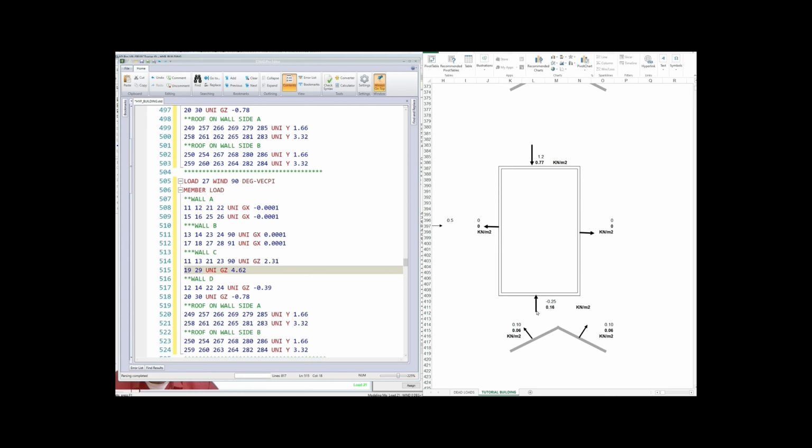And on wall D it is in negative z direction. So 0.16 into 3 is equal to minus 0.48. The next value will be double. 0.48 into 2 is equal to 0.96, or 0.16 into 6 is equal to 0.96.